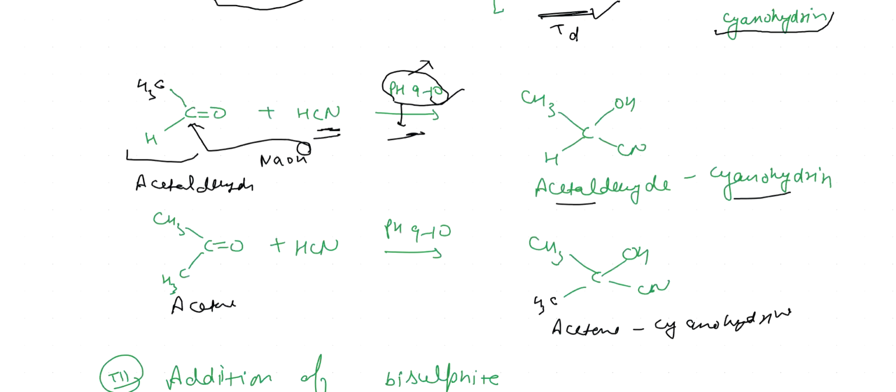So the name of the product depends upon what kind of reactant we have been choosing. Clear? So in case of acetaldehyde, what we will get is acetaldehyde cyanohydrin. On the other hand, if acetone is the reactant, then the product is acetone cyanohydrin.